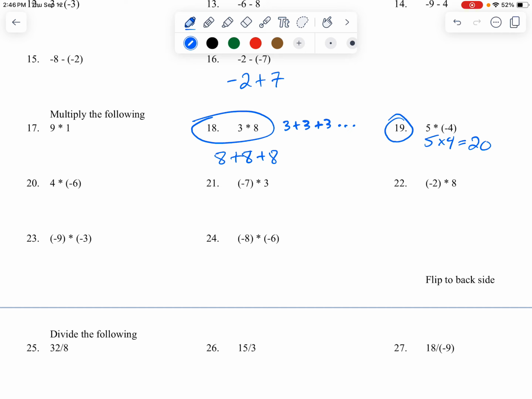But since up above that 4 is negative, this would be a negative 20. And then down here at 24, 8 times 6 is 48. And since both of these numbers are negative, we're still going to end up with a positive 48.